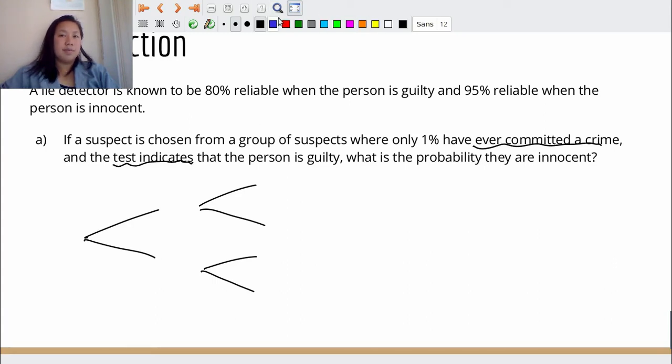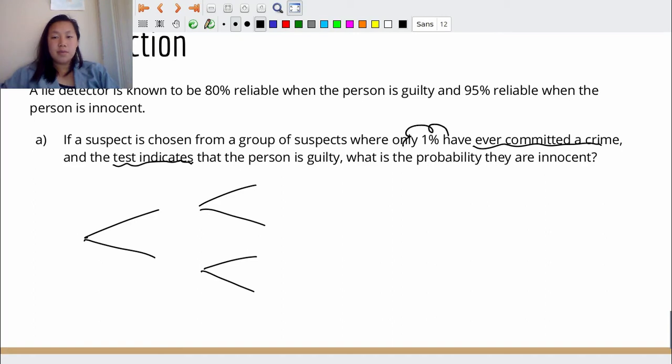Someone brought up in one of my discussions, which I thought was pretty good, that you could think about the order in which events happen. The first thing that happened is that they actually commit a crime, and then the next thing that happens is that they take the lie detector test. So let's start with this part.